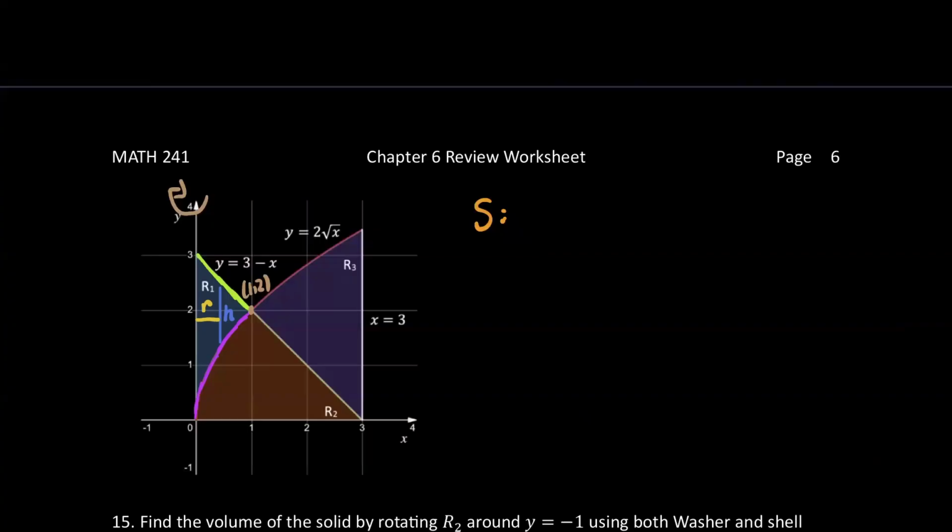To find the height, that's the top function, 3 minus x, minus the bottom function, 2 square root of x. That's the height. And radius, that's simply the x coordinate.